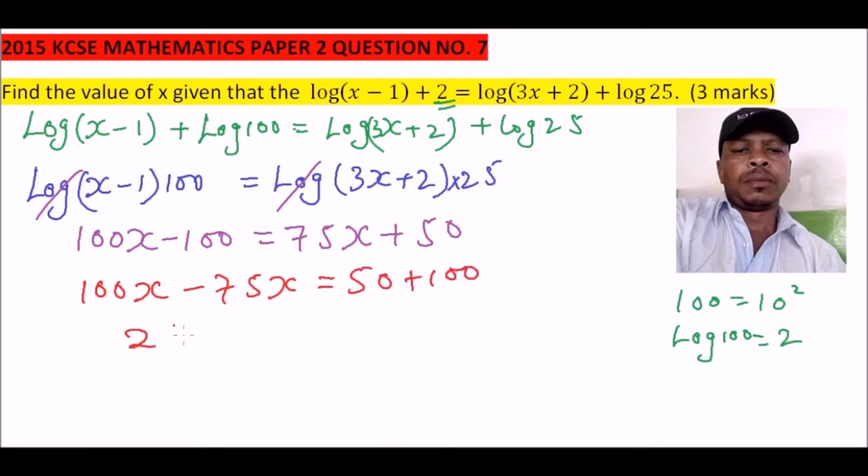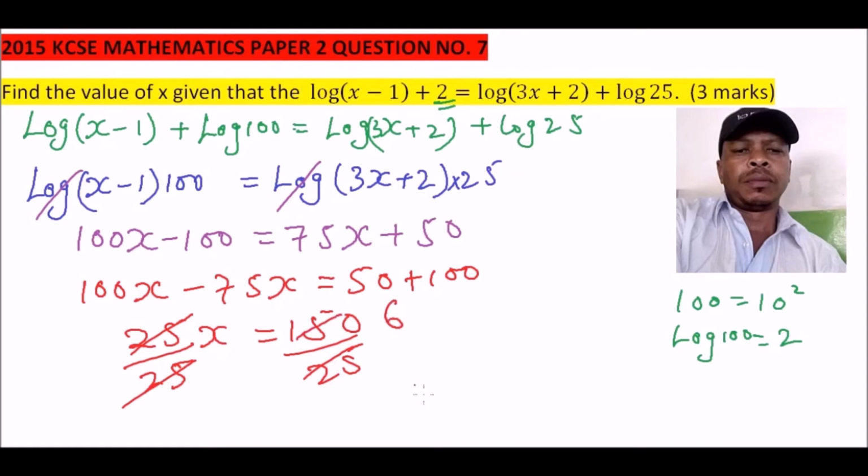So this is 25x is equals to 150. Divide both sides by 25. So 25 divided by 25 is 1. 150 divided by 25 is 6, implying that our x is equal to 6.